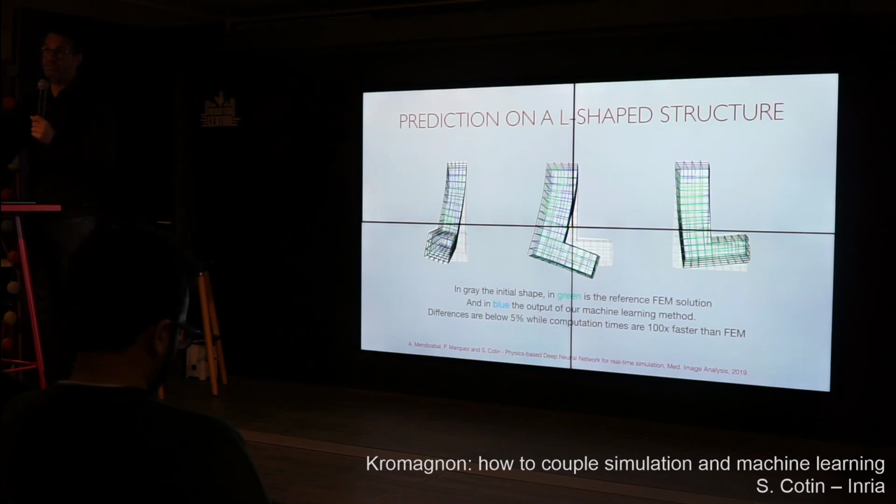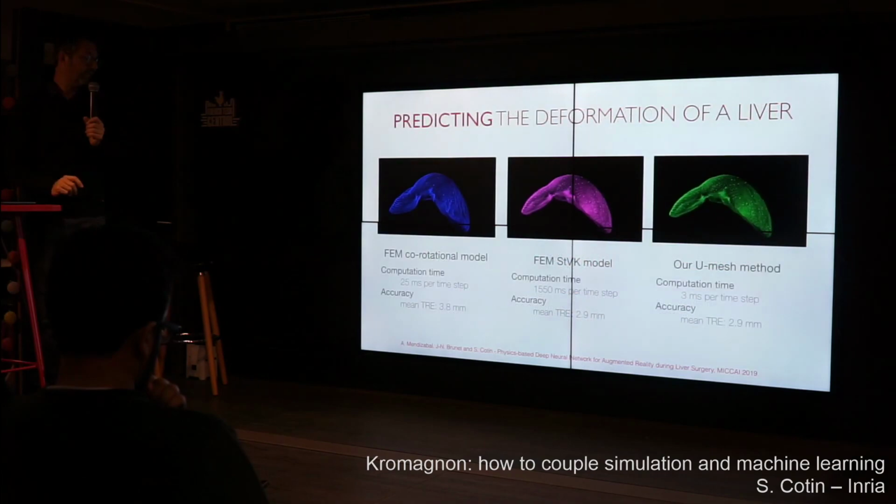I've made some recent mistakes when I was testing things and not applying constraints, for instance, that the network had learned, and it still predicts something which is reasonable. And if we change slightly the stiffness of the object on which it was trained, it still gives a pretty good accuracy. If we change it a lot, of course, or we change significantly the boundary conditions, of course, it makes a big difference.